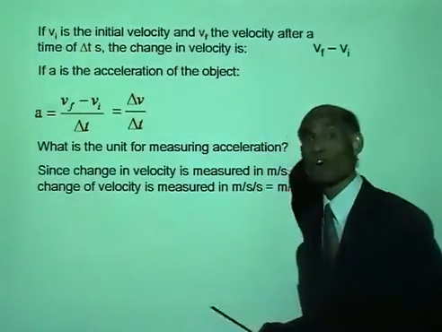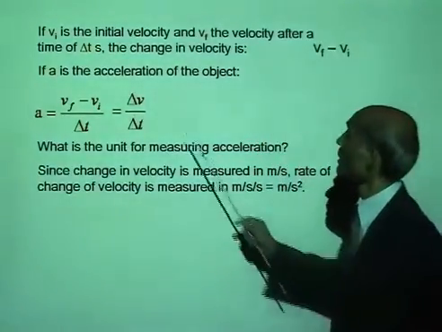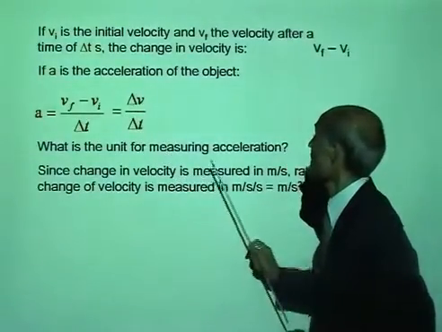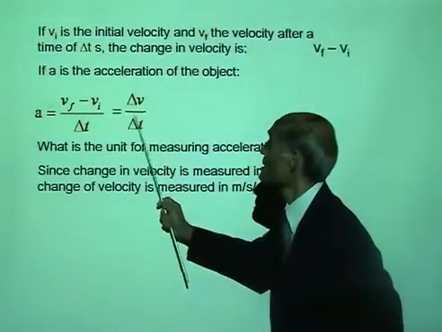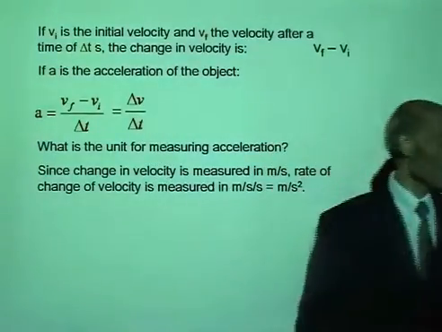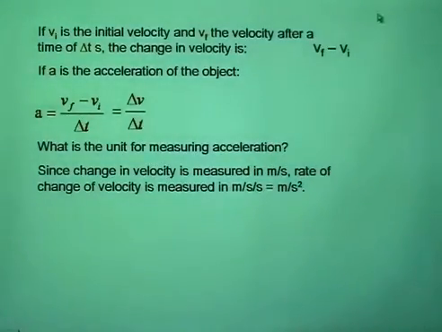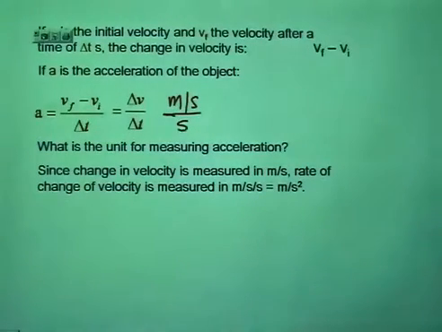What is therefore the unit of acceleration? The unit of acceleration will be meter per second divided by second. Now how will that look? Let me write that down here for you. Meter per second divided by second. The unit of change in velocity is meter per second and the unit of time is second.